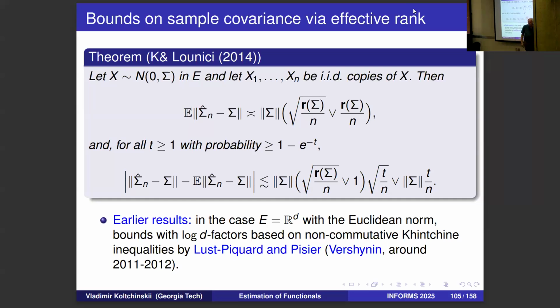It's the same type of upper bound as in terms of dimension, but now dimension can be replaced by effective rank, and it's also a lower bound. So it's just the size of this quantity. Moreover, you can add a rather strong concentration property of this norm around its expectation, and this gives you a complete characterization. You will have exactly the same inequalities that I wrote in terms of dimension, rewritten in terms of the effective rank.